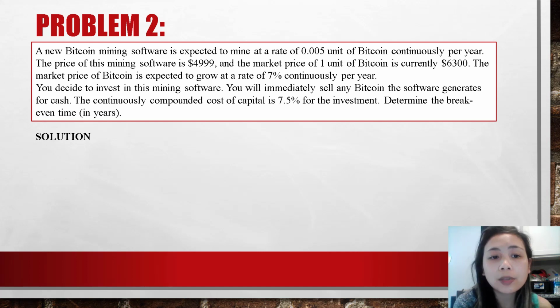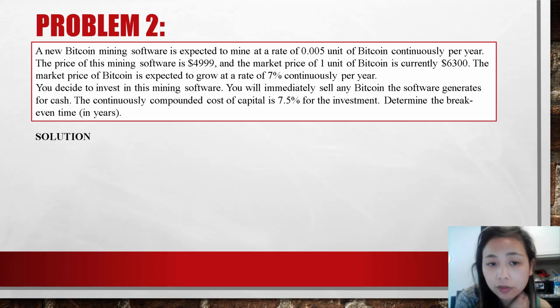The market price of Bitcoin is expected to grow at the rate of 7% continuously per year. You decide to invest in this mining software. You will immediately sell any Bitcoin the software generates for cash. The continuously compounded cost of capital is 7.5% for the investment. Determine the break-even time in years.